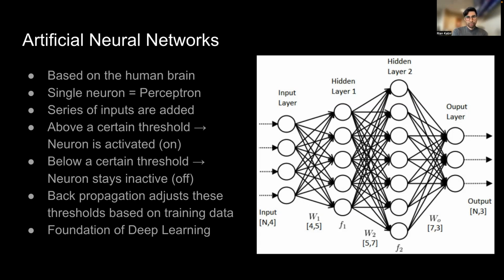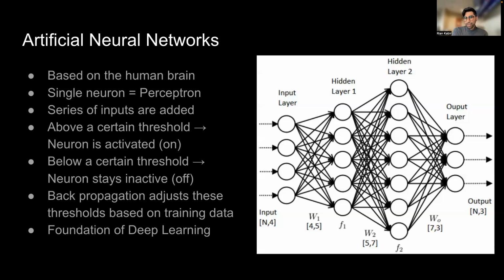We have individual neurons, and it's actually a pretty simple foundation. One neuron has a series of inputs. It adds these inputs together, and if it's above a certain threshold, the neuron will turn on. If the addition is below that threshold, the neuron stays off.